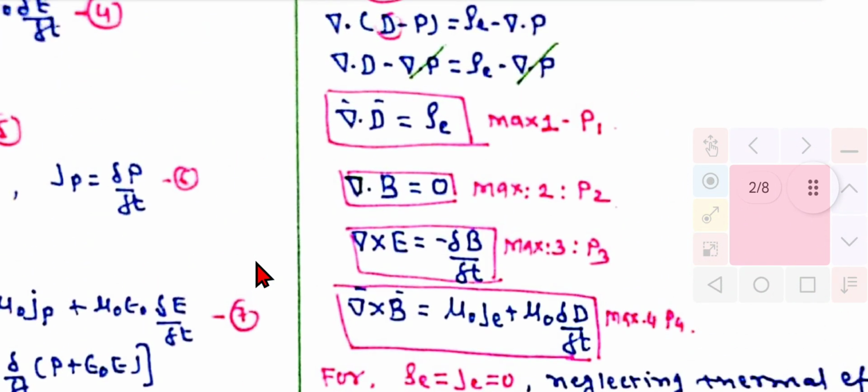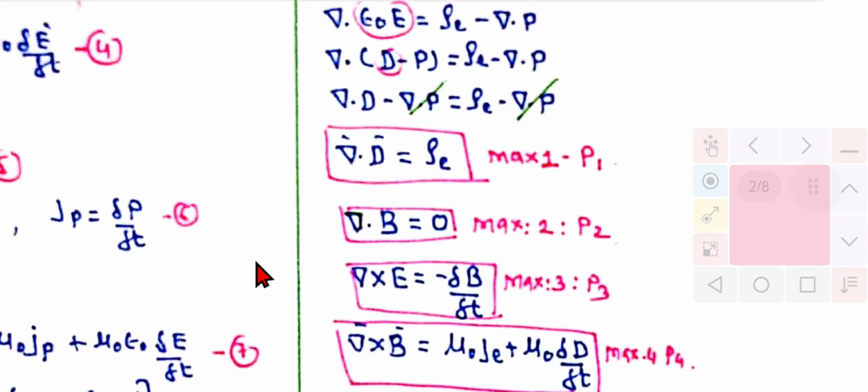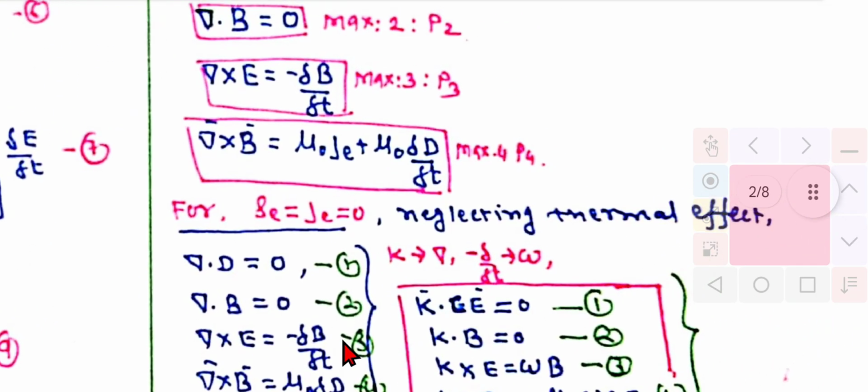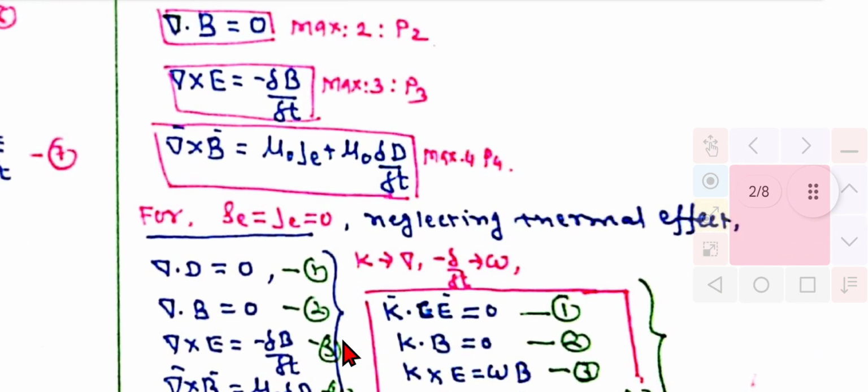So in this way, by considering plasma as a dielectric material, from the Maxwell equations for vacuum we have derived Maxwell equations 1, 2, 3 and 4 for plasma.